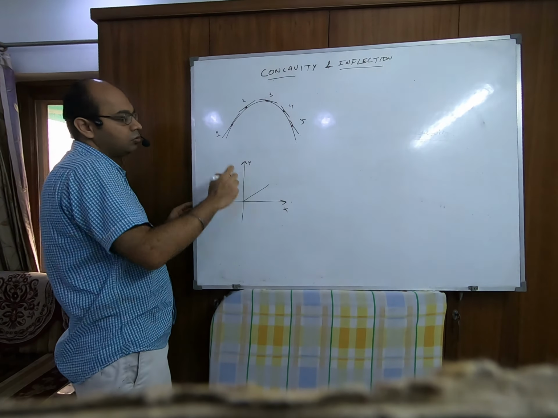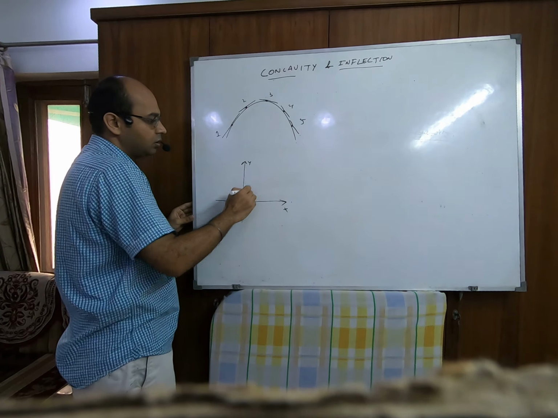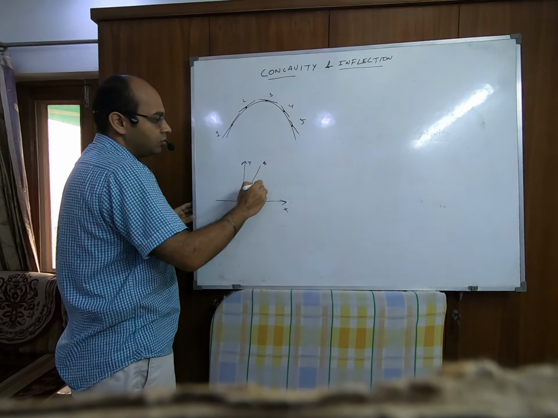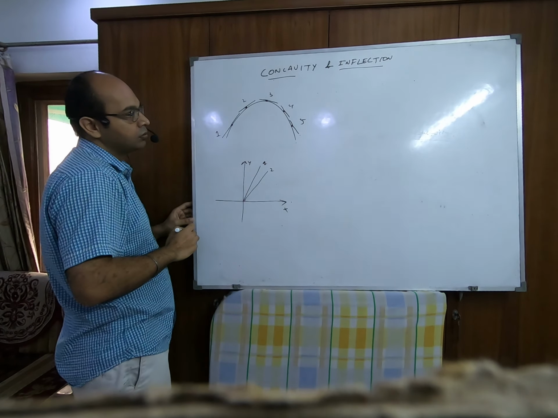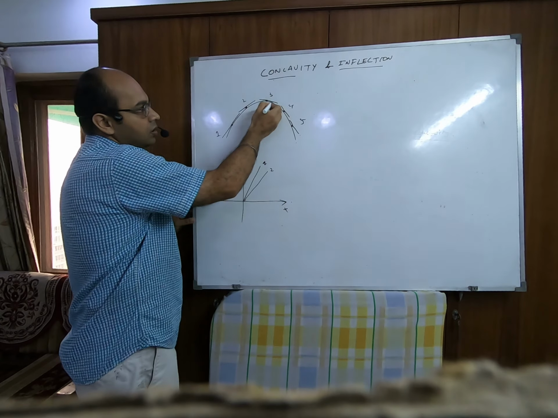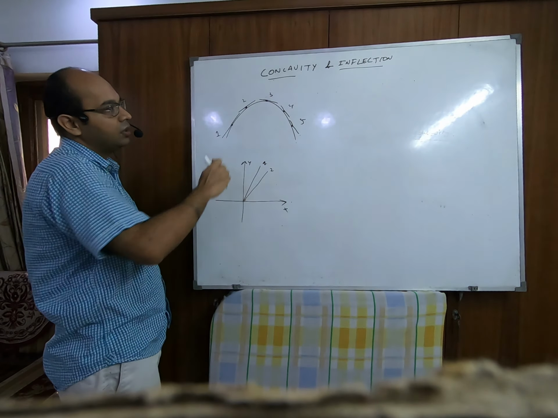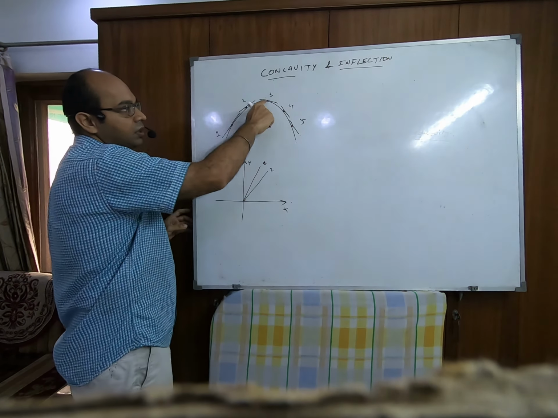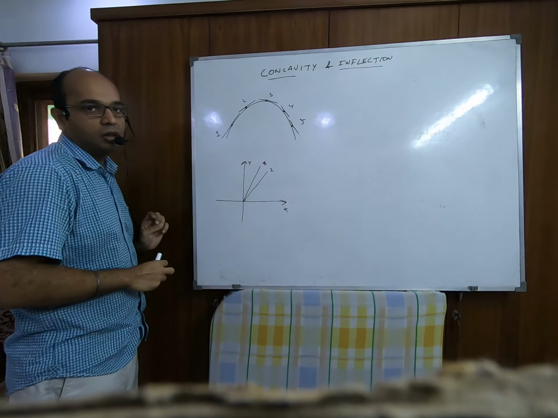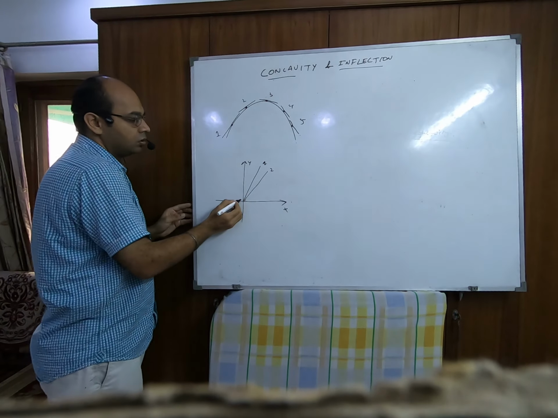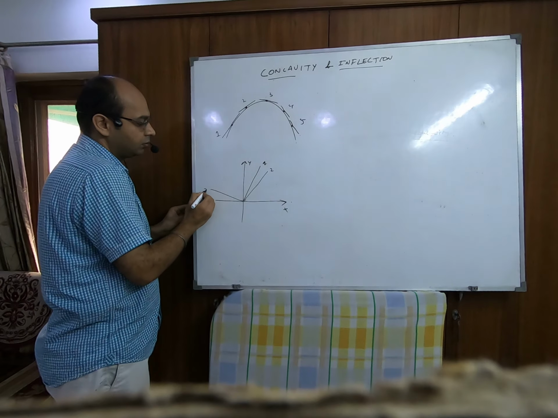This line appears to be flatter than this, meaning if this is 1, this is going to be 2. This line gets a negative slope, obtuse angle. Okay? So this is like this.